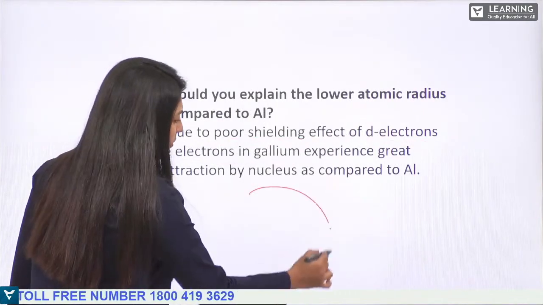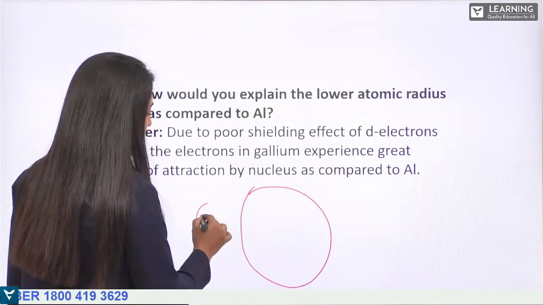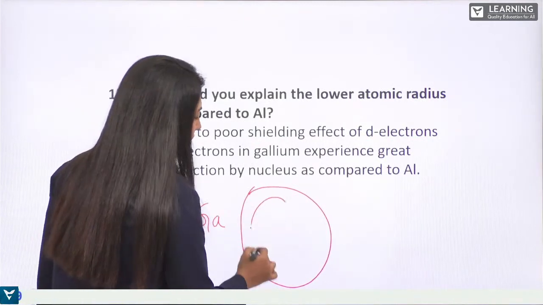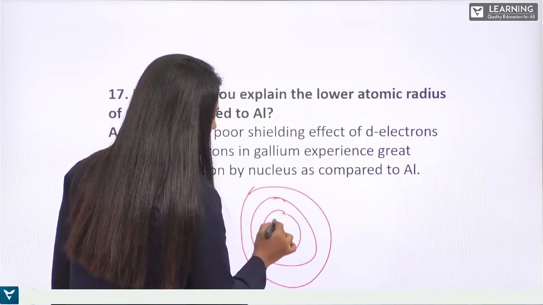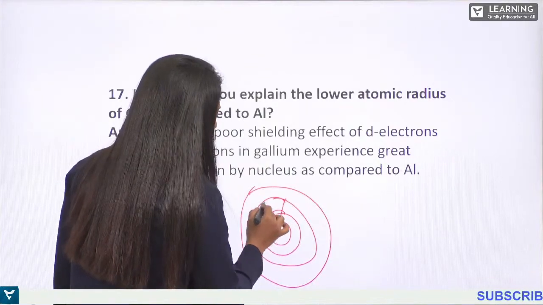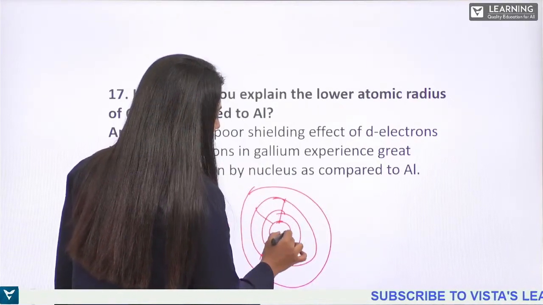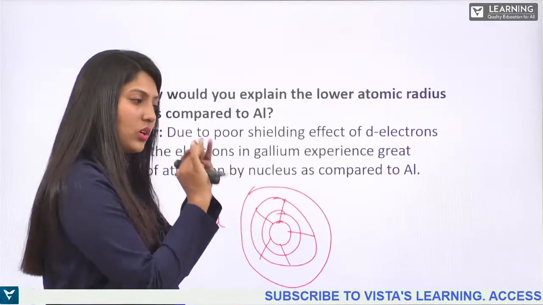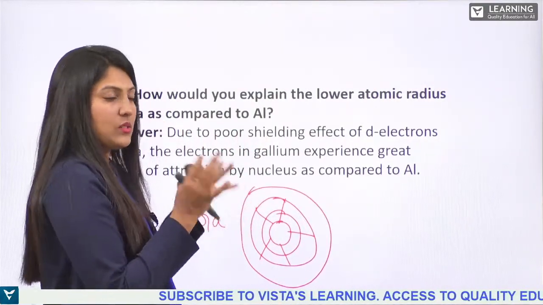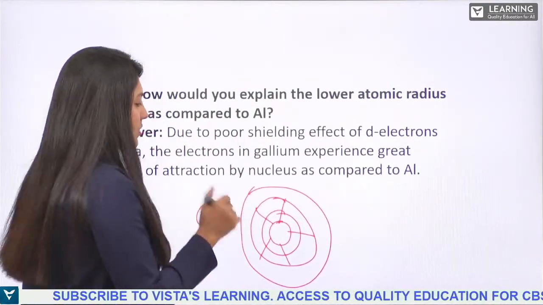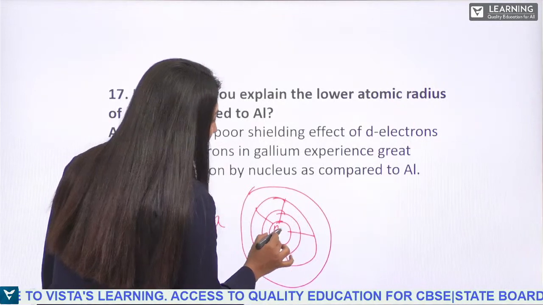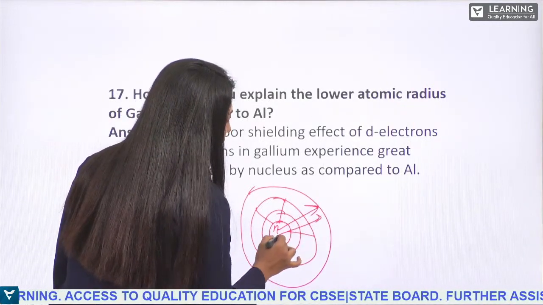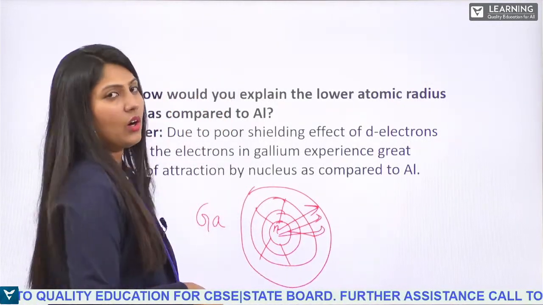So I'll say, when you have gallium, you have the electrons present in the inner core. These inner core electrons will not shield completely. So that shielding effect is less. So what happens? Nucleus can easily attract the electrons from the outermost orbit.